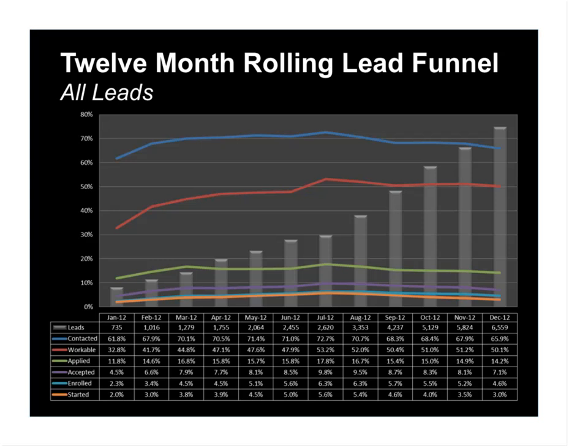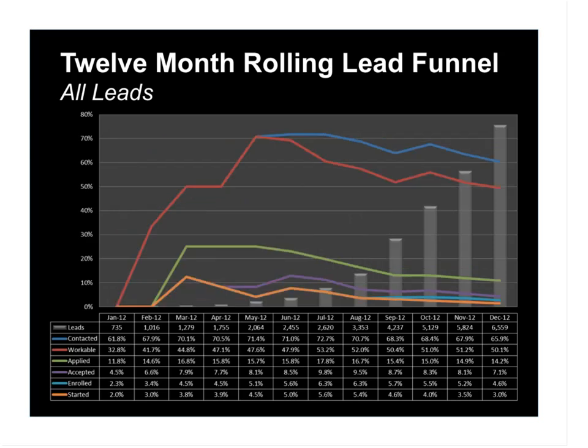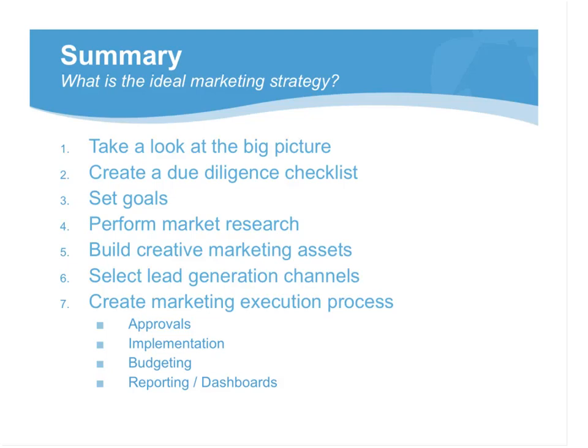And then you can even break it down by different lead sources, like organic leads, which we have in the next slide, or pay-per-click leads. It gives you a nice high-level overview of what type of conversion rates you have by lead source.